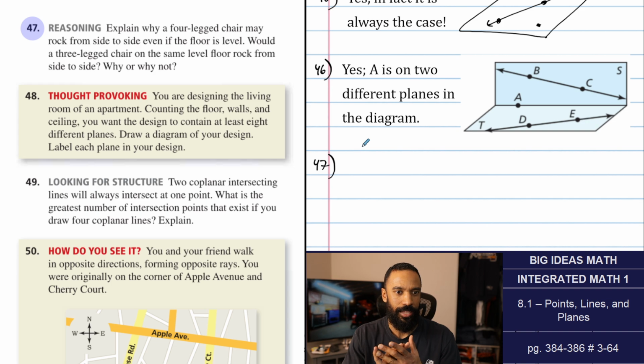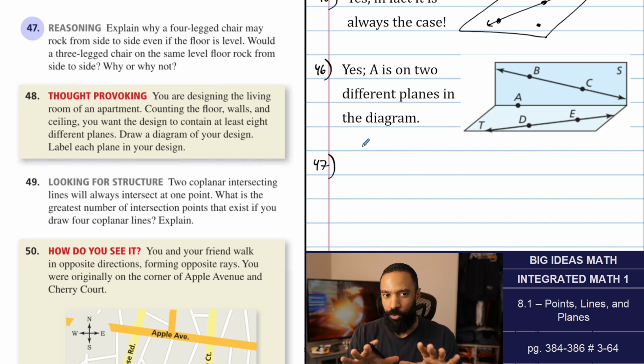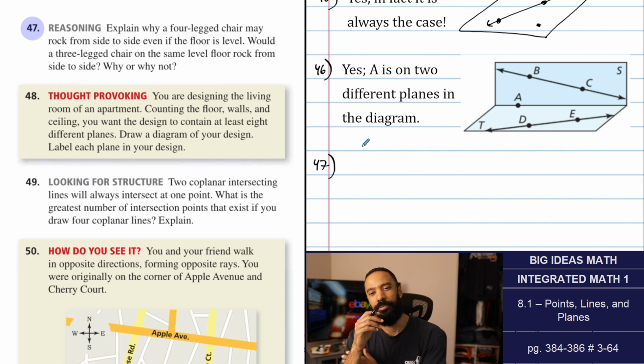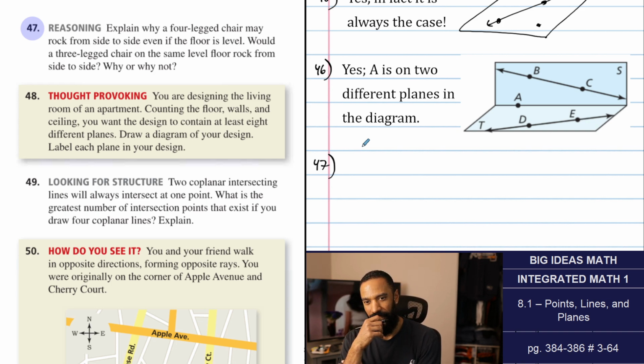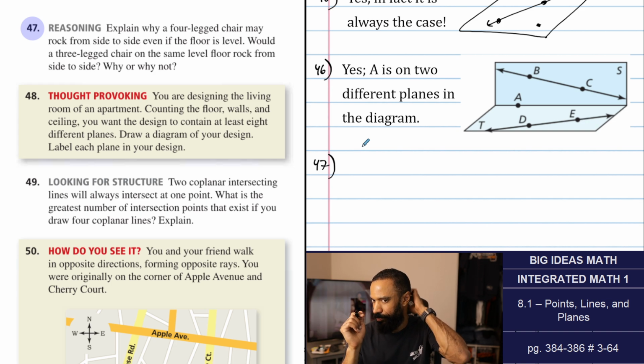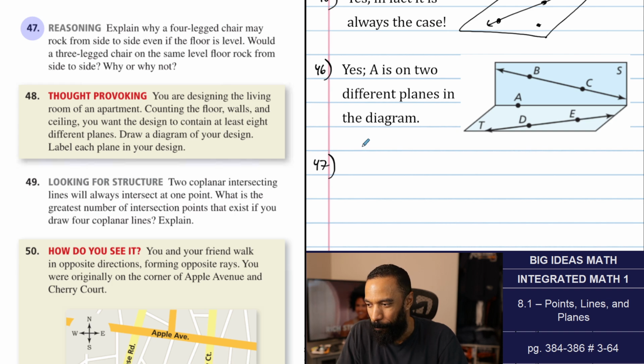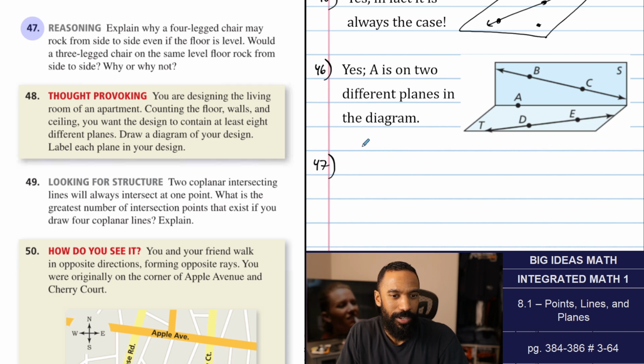So what are we seeing? With a level floor, I don't know how to answer what they're asking, and I feel bad for you guys about what they want me to say. I'm not going to demonstrate it. Explain why a four-legged chair may rock even if the floor is level.